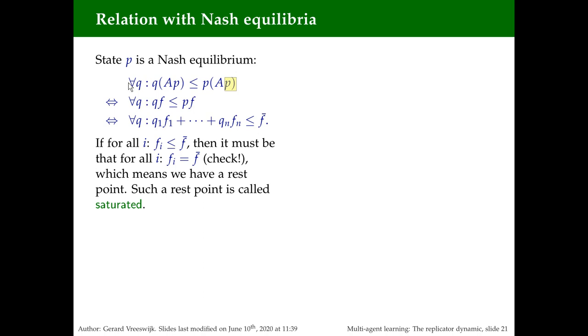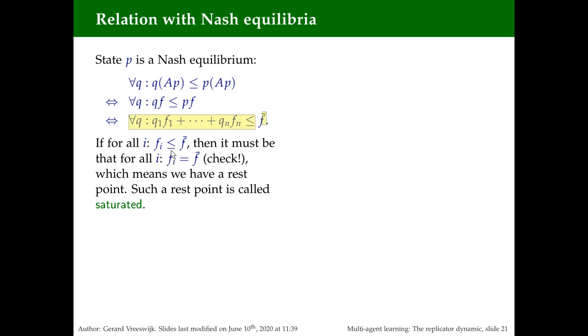So this equation means that for all q, the alternative distribution of proportions yields no more utility than the original distribution of proportions regarding fitness. If you write this in full, then Nash equilibrium means this.